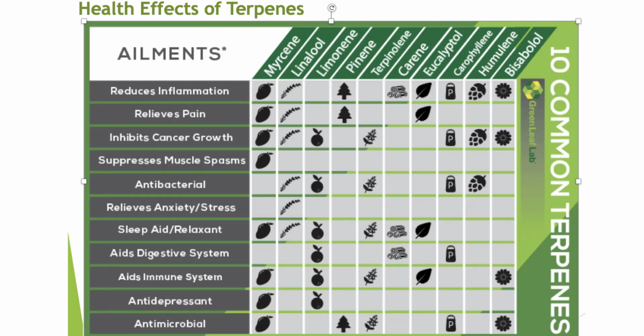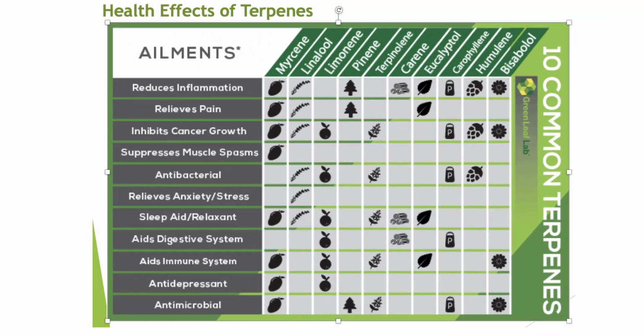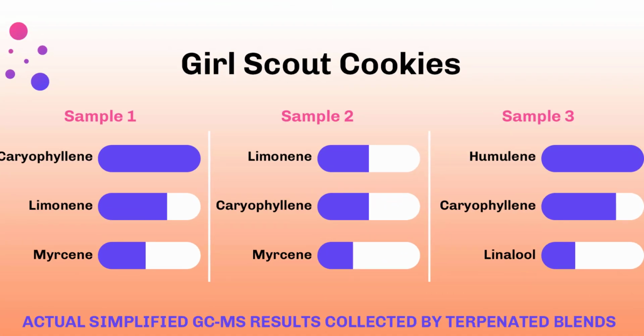What we're learning in this is there's a lot of health effects that can be associated with terpenes. We've only spent time going over the top 5, and what you'll see is that certain terpenes have greater effects on different issues. And our challenge comes in the fact that in our last slide from our friends at Budboard, this is the summation of 3 analyses of the same strain name being done looking at the top terpenes.